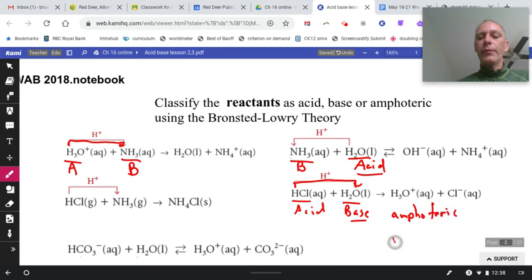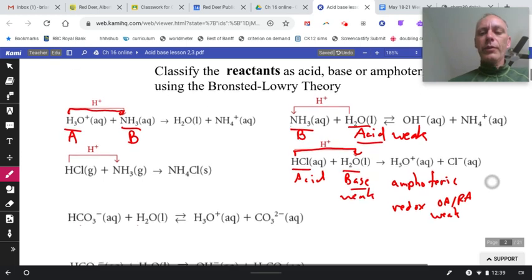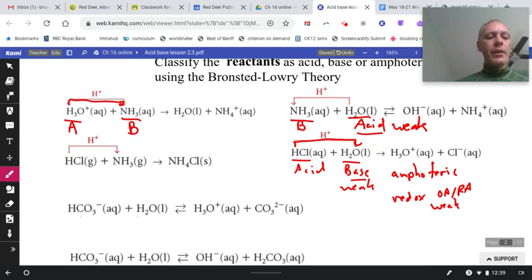And if you remember from redox, water was also an oxidizing agent and a reducing agent. It was very weak. And for acid-base chemistry, it's also a very weak acid and a very weak base. But it can do both, donate and accept, so amphoteric. Here we have HCl as an acid donating and NH3 as the base accepting.